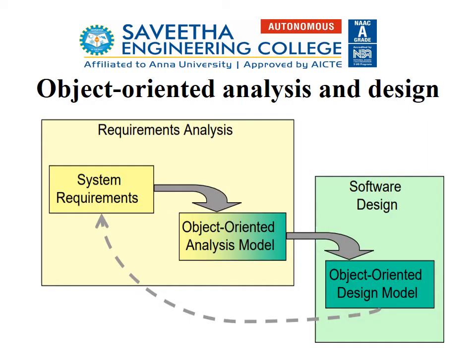Again, here what we have said is depicted in a diagrammatic manner. Before developing any software process, the requirement analysis phase is the initial phase, which is more important. You have to collect the requirements from the customer or the stakeholder properly so that you can end up with the right software and satisfy the stakeholder. So object-oriented analysis and design helps us to end up with the correct product that the customer has asked for. In the requirement analysis phase, system requirements will be collected.